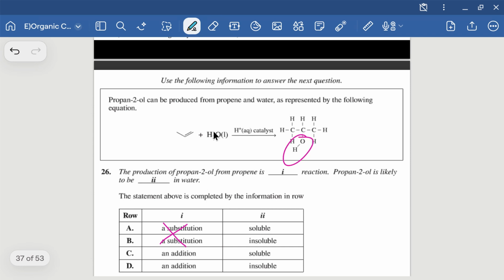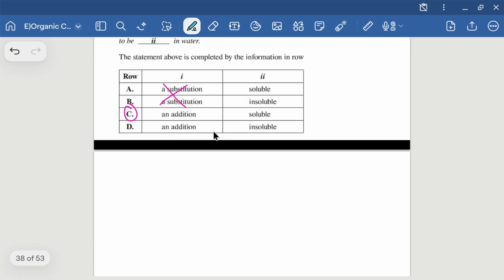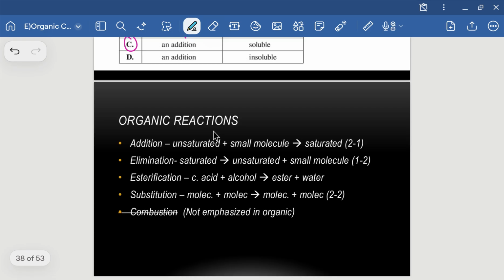Okay, so next part is looking at those reactions. So we just looked at addition. Elimination means you are taking something off of your molecule, so you'll end up with a double bond and a small molecule. Esterification, combining a carboxylic acid with an alcohol to make that ester and water. Because you're producing water, this is also known as a condensation reaction.